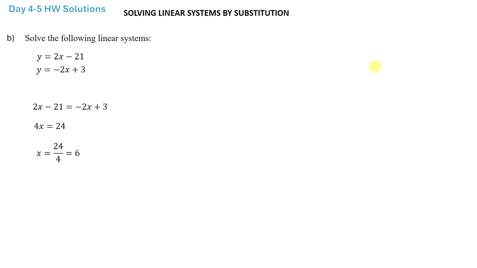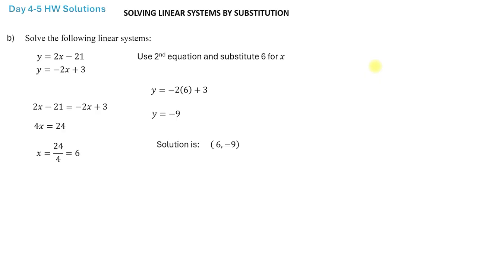Once we have one of the variables, we can simply plug it back into either one of the equations to figure out what the other variable is. In this example, I've decided to use the second equation. So plug in 6 for x, gives me y equals negative 2 times 6 plus 3, gives me a value for y of negative 9. x equals 6, y equals negative 9.